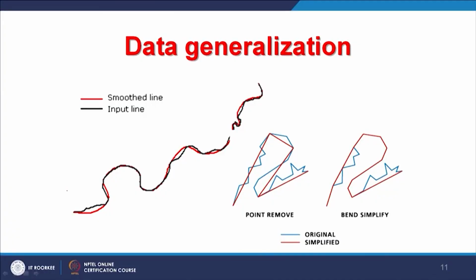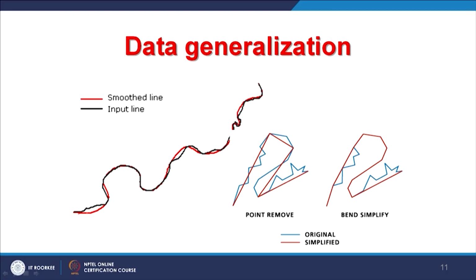So first I will take data generalization or data reduction. Here, if I take the example on the left side, the black lines are the original data, and the red line is the smoothened line.